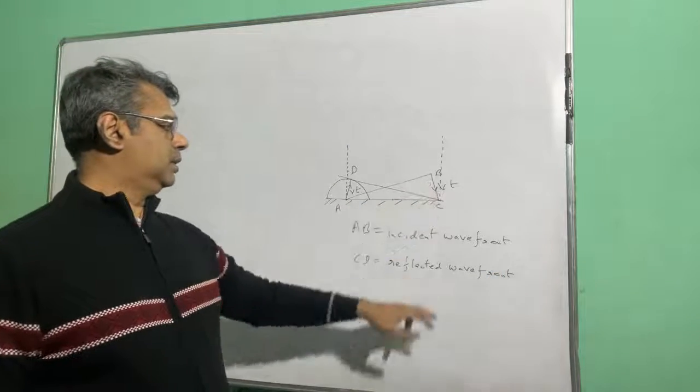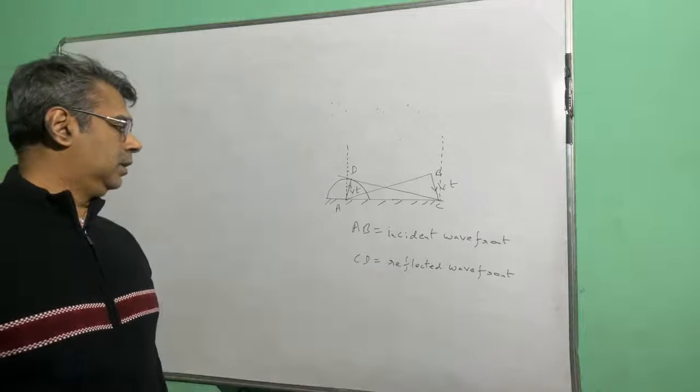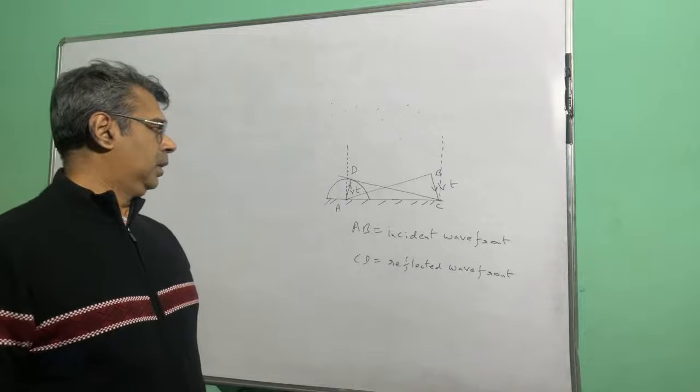So AB is the incident wavefront and CD is the reflected wavefront.